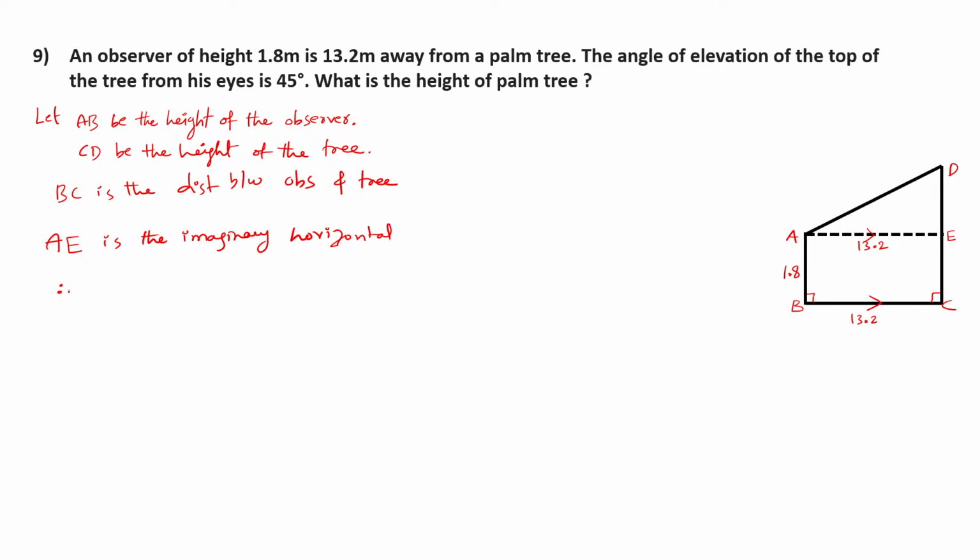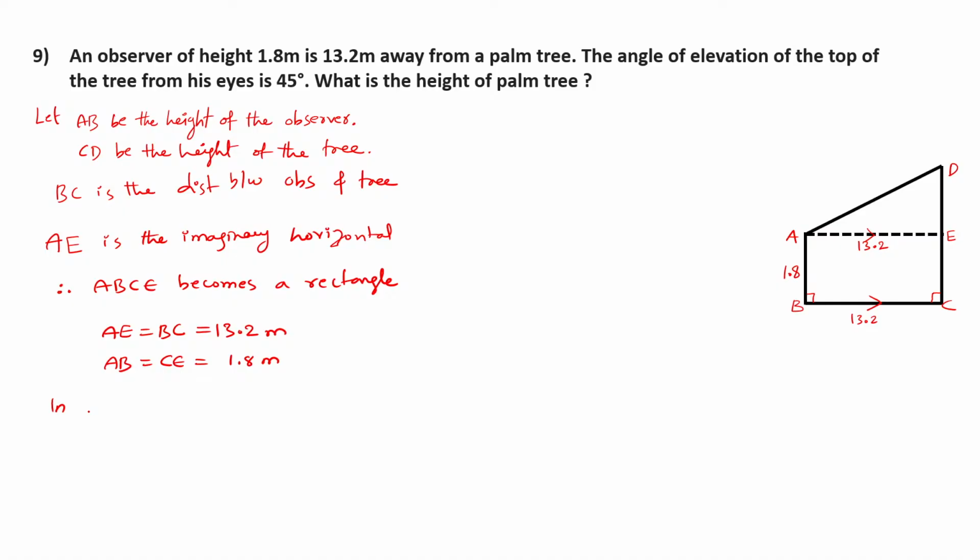Now, therefore, ABCE becomes a rectangle from the figure and properties. Since it is a rectangle, opposite sides are equal, right? So AE is equal to BC, and that will be exactly equal to 13.2 meters given in the question itself. Next opposite side pair is AB equal to CE, that is 1.8 meters given in the question.